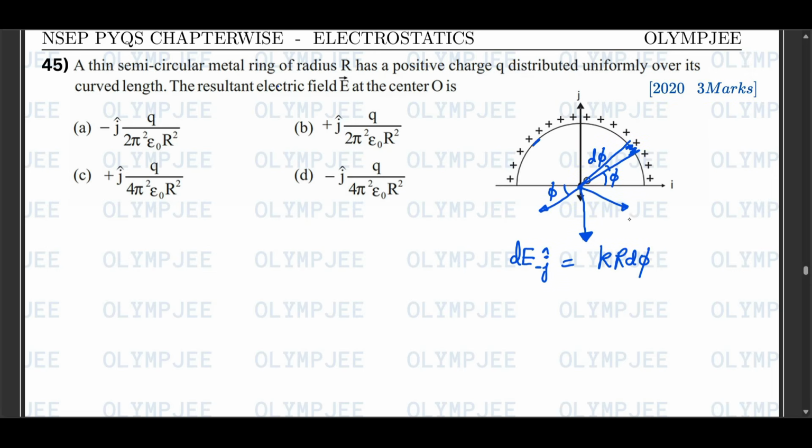So circumference of semicircle is pi r. So q by pi r multiplied by sine phi divided by r square.